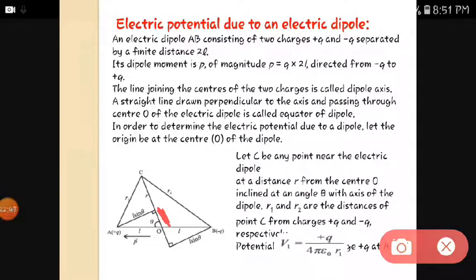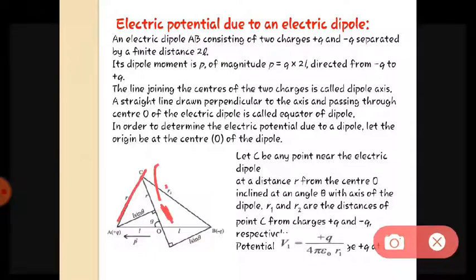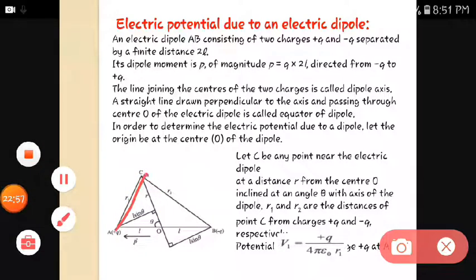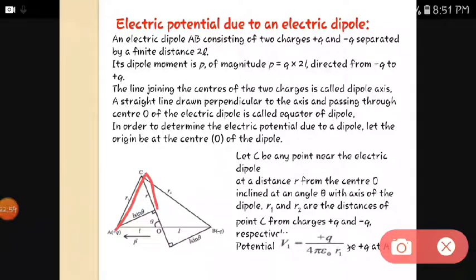Now I am going to conclude that this CA and CN are similar. Which lengths are similar? CA and CN are similar. But what is CN exactly? If I put N over here, CN is nothing but CO minus ON. Is it? Yes.